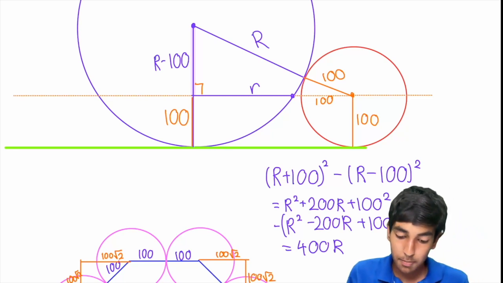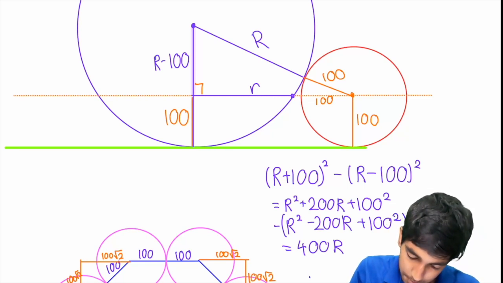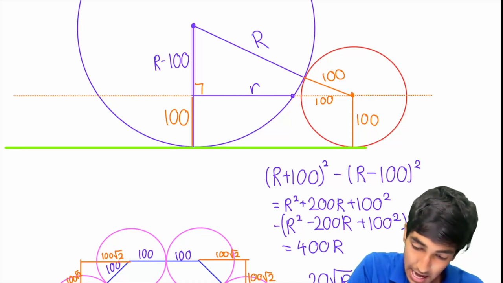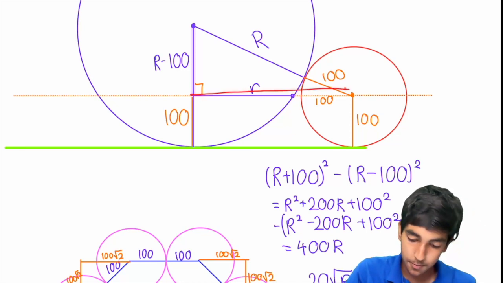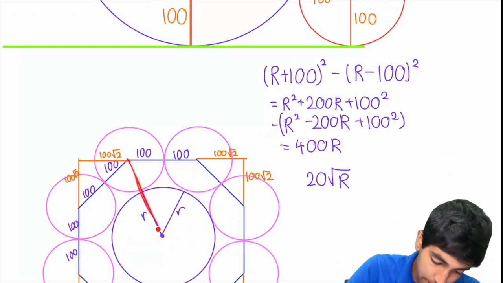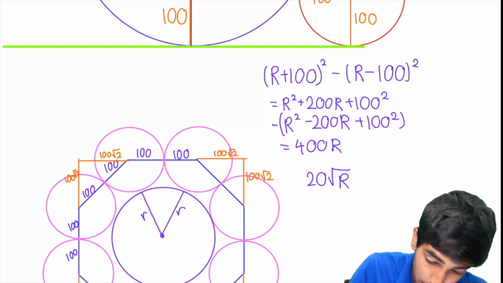Because it's the Pythag theorem, we take the square root of this, so 20√R, that is this distance over here. So this distance over here is 20√R.